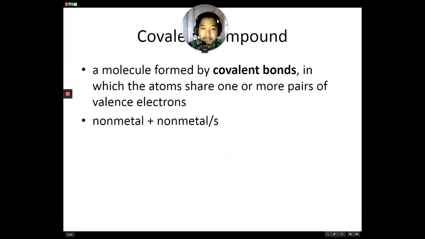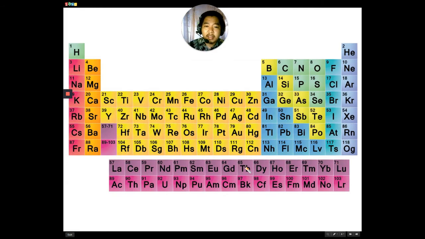Alright, let me return my face here so that I can talk to you directly by using the camera. Which are the non-metals in our periodic table? We have learned that these groups, particularly group 1, starting with lithium to francium, beryllium to radium, and then boron going down, these are your metals.